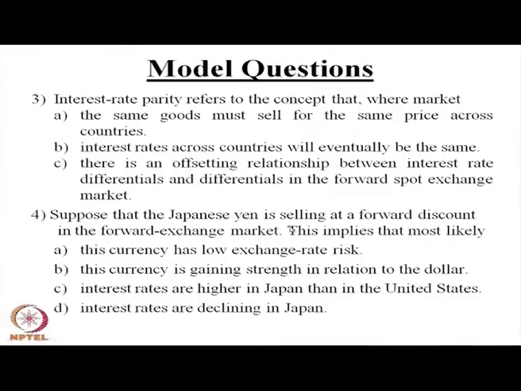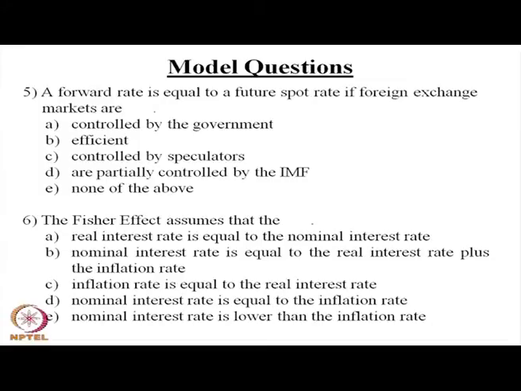Against the USA, the Japanese interest rate is more. Because of that reason, there is a movement of currency from dollar to Japan, and the Japanese yen will be a forward discount currency.